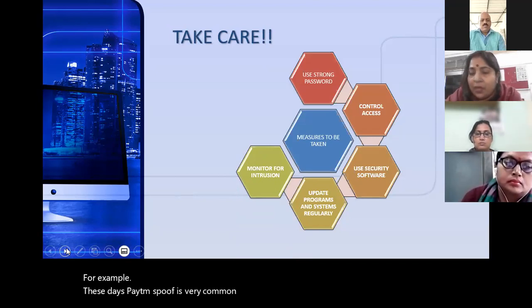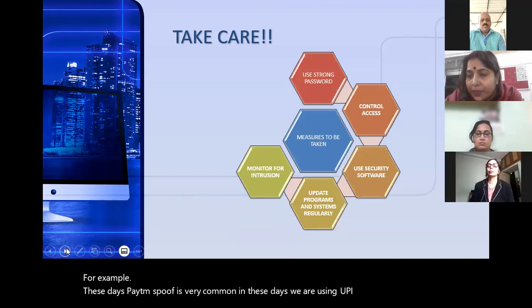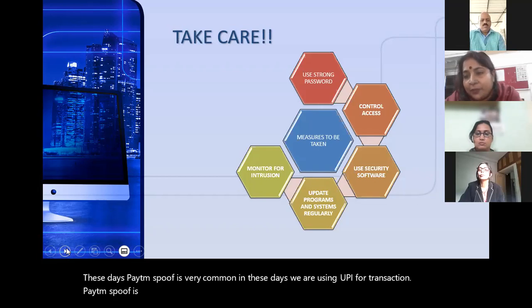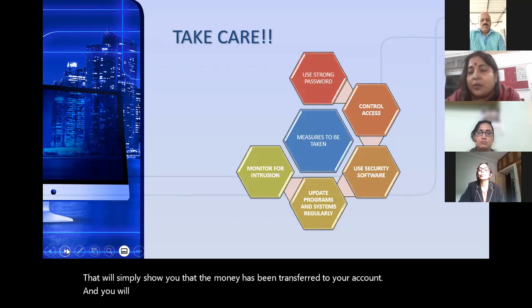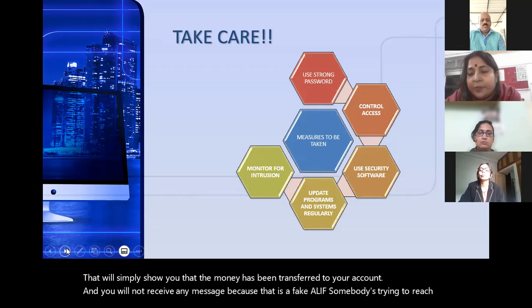These days, we are using UPI for transactions. A Paytm spoof is just a look-alike Paytm application that will simply show you that the money has been transferred to your account, and you will not receive any message because that is fake. And if somebody is trying to breach you, to deceive you, he or she will be successful.